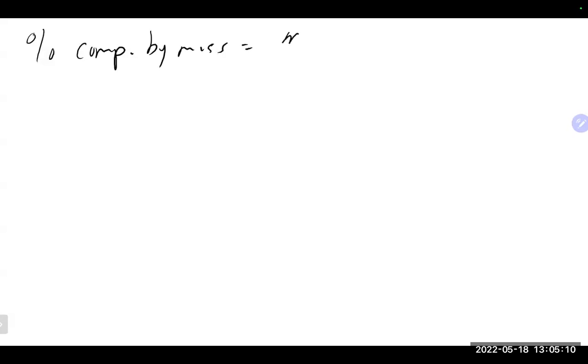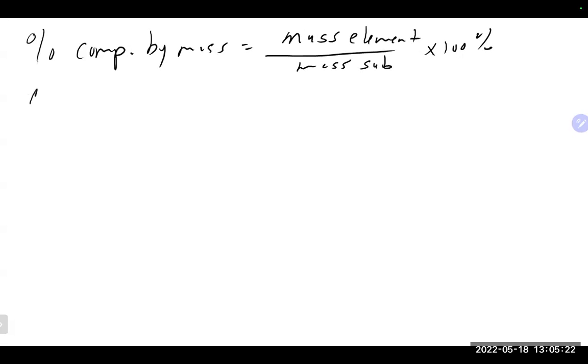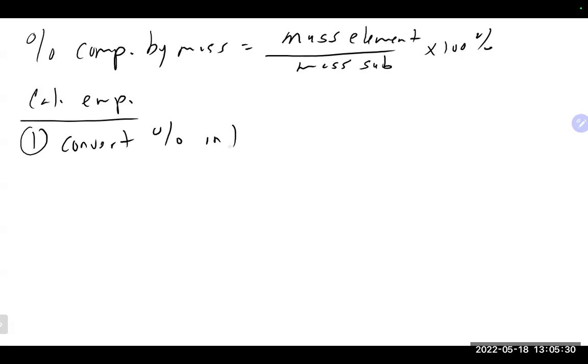Basically, you take the mass of the element you're interested in divided by the mass of the substance times 100%. When we use this to calculate the empirical formula, the first thing we want to do is convert the percentage into grams. We could assume that we have 100 grams just to keep the numbers the same.